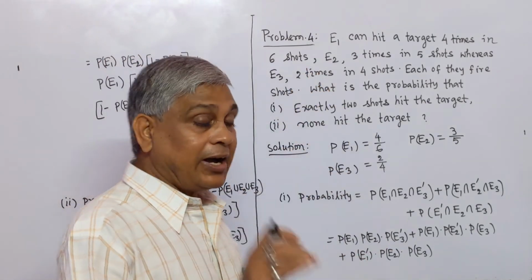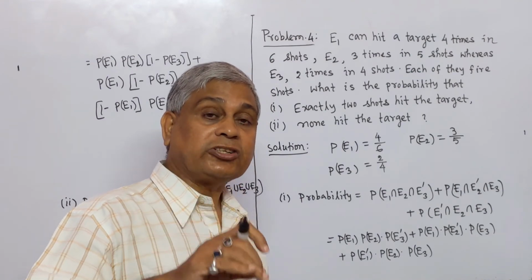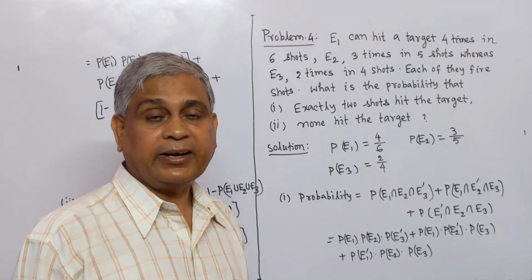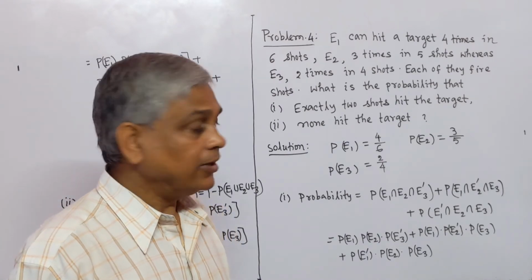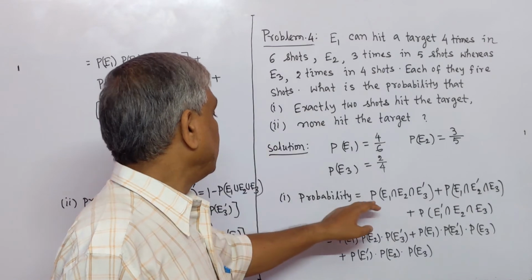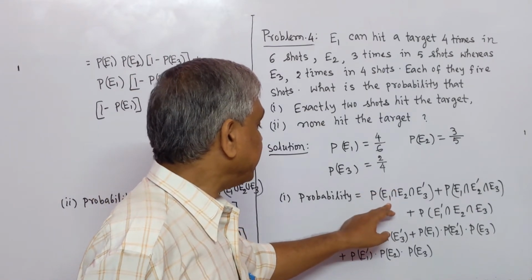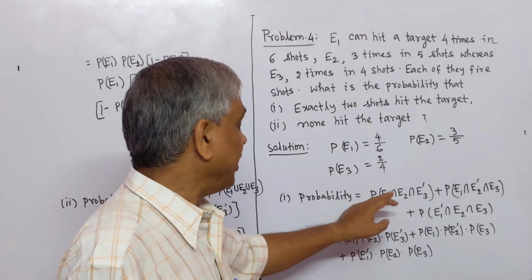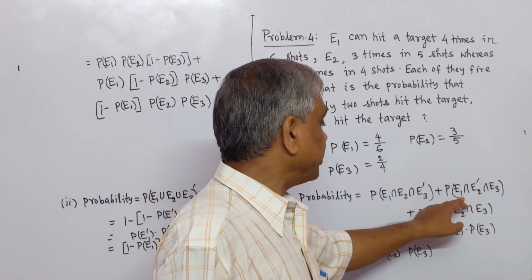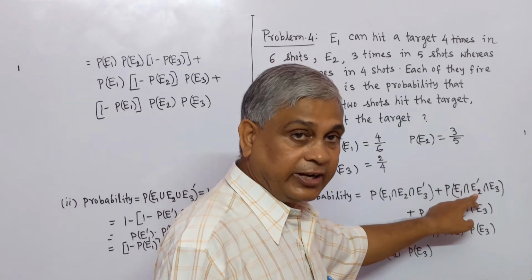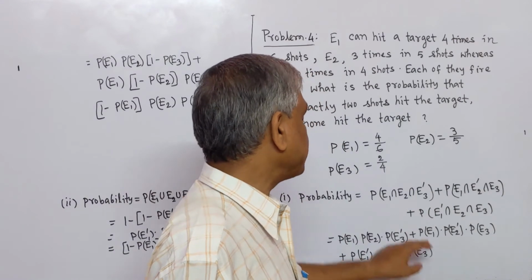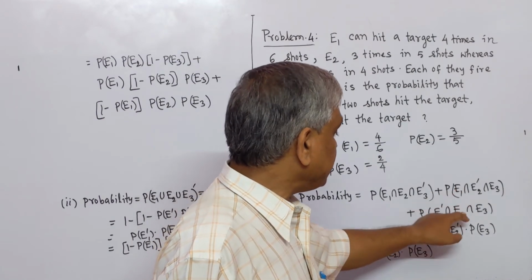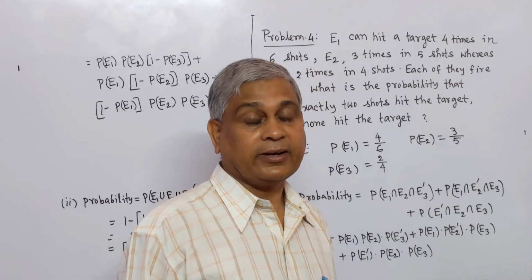Since the shots are independent events, the probability will be the probability of first hit and second hit and third not hit, plus the probability of first hit and second not hit and third hit, plus the probability of first not hit and second hit and third hit.